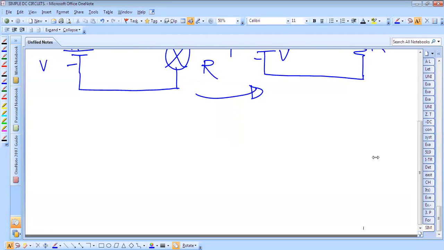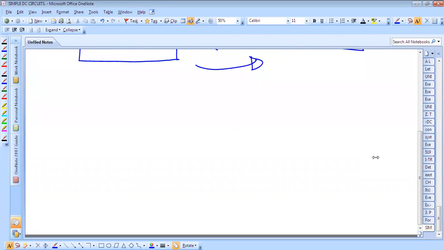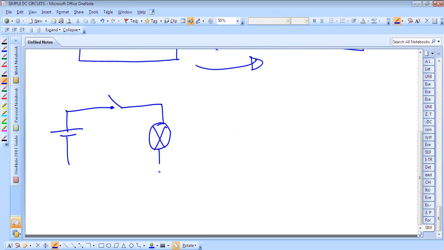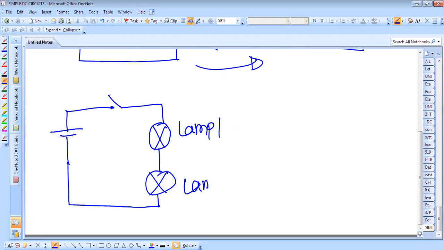So in this way, this is the series circuit, but the series circuit may also be like this. This is a voltage source, and now if we have to connect two lamps in series, your circuit will be like this. Initially there was one lamp, now there are two lamps. This is lamp 1 and this is lamp 2.